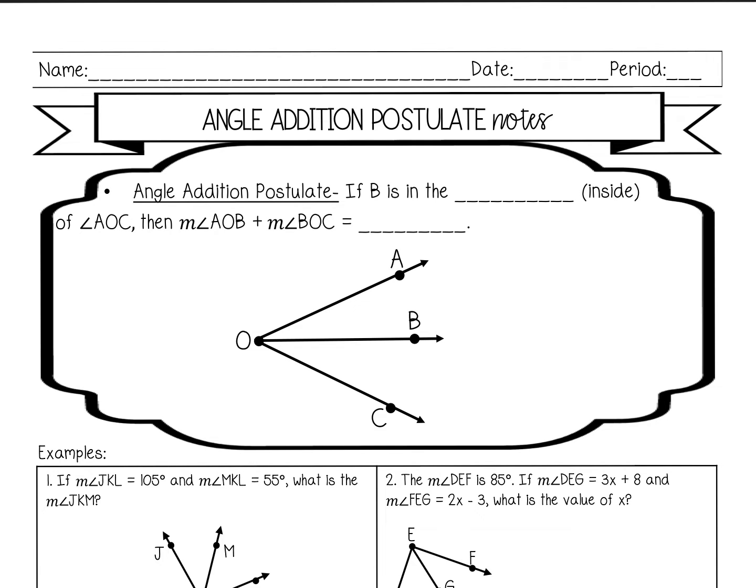Okay, so again, we've talked about the angle addition postulate, but let's go back over. If B is on the interior of angle AOC, then the measure of AOB plus BOC has to be the measure of angle AOC, the entire angle.